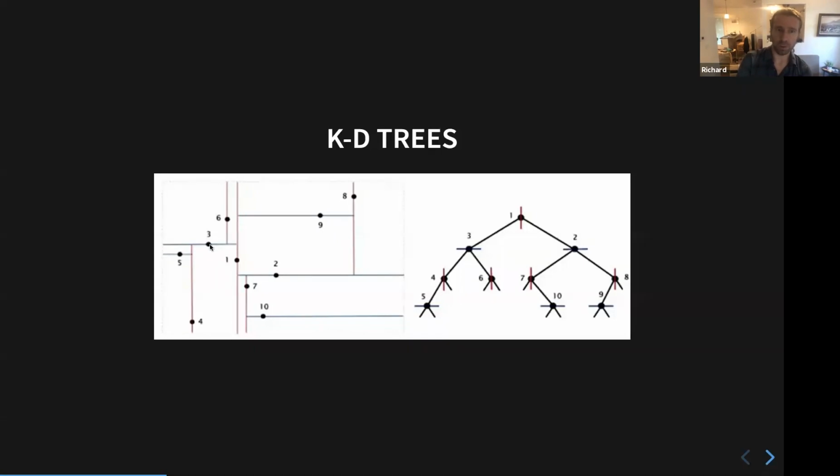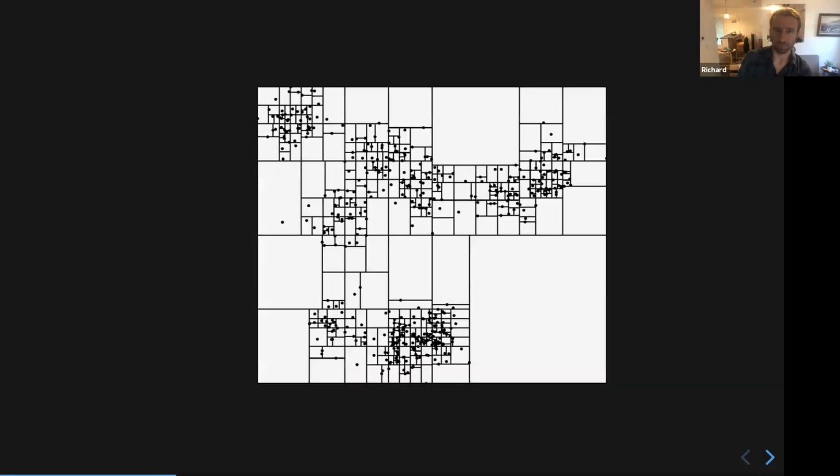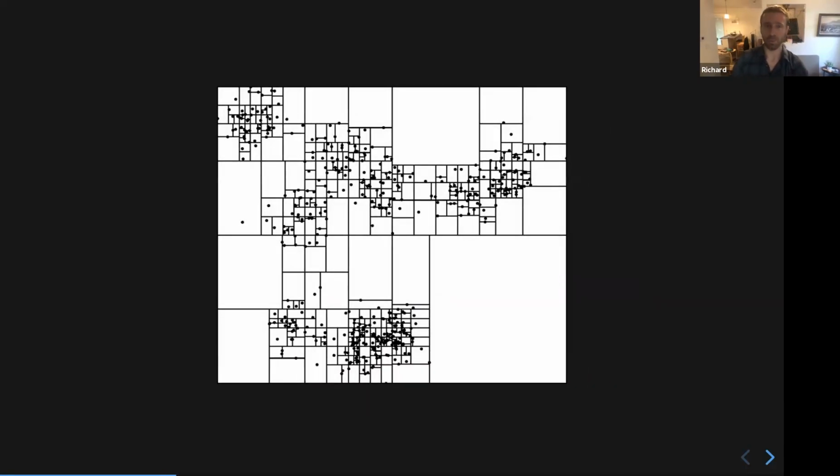And once we've done that, we start splitting along the x-axis with 3 and 2. And we just repeat this recursively. And now we have a log n way of identifying whether an element is in our data set, as well as a log n way of figuring out which elements are closest to a given element. And this is what that would look like if we had a larger data set.